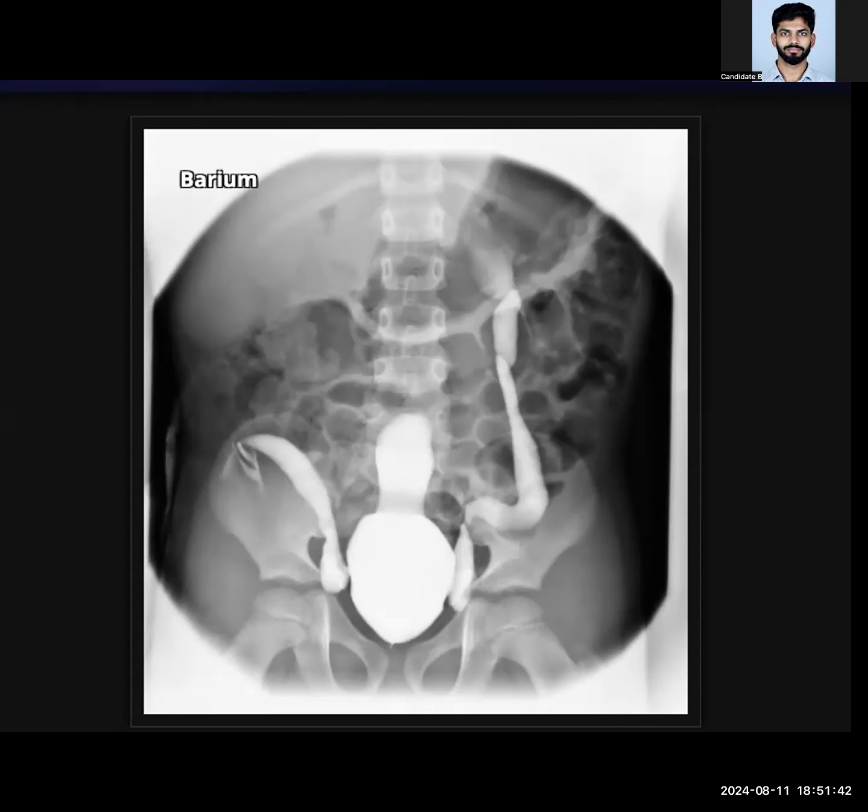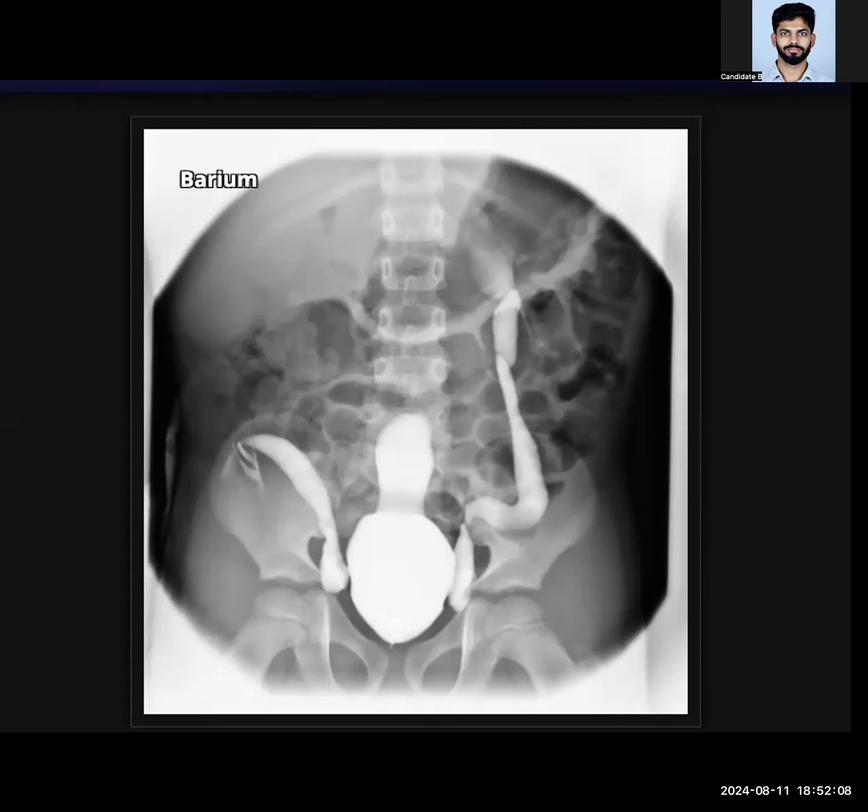Other than that, the rest of the visualized bones and bowel loops are normal. So this is a case of vesicoureteric reflux, grade 2.